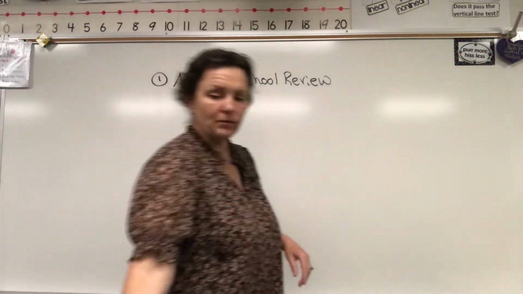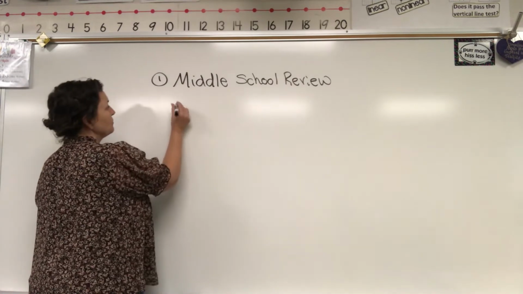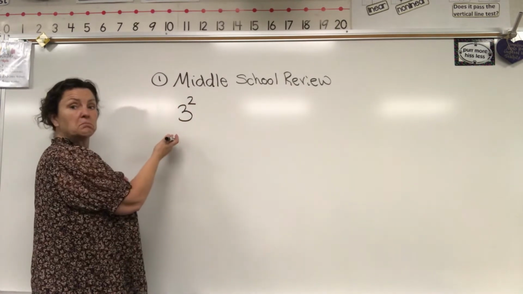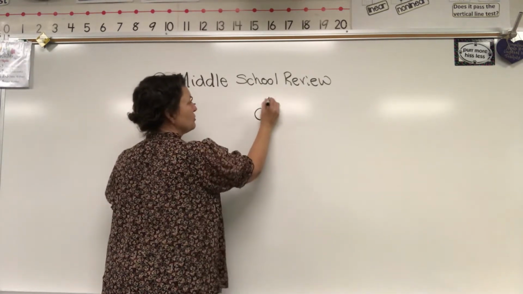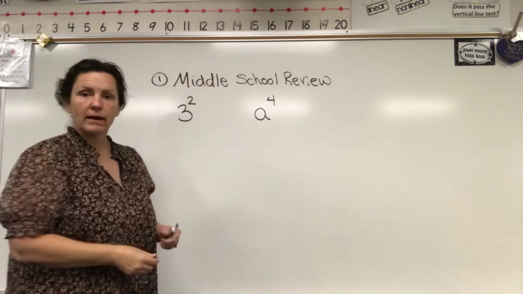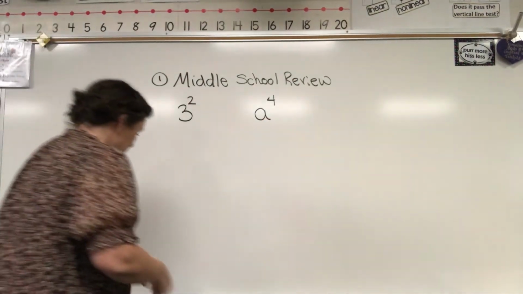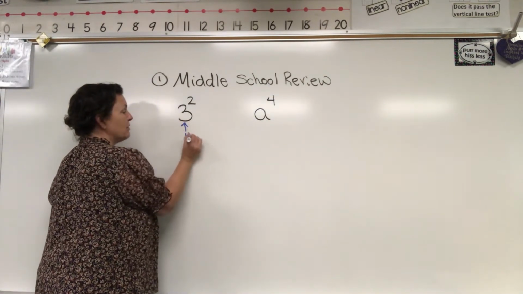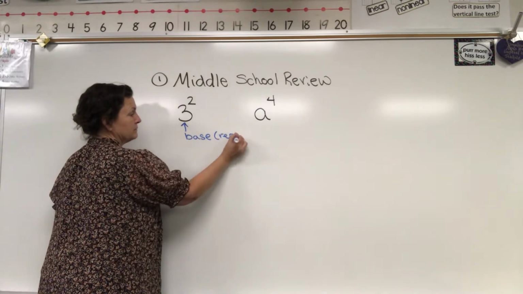So let's review some good middle school stuff. You guys have seen a term that looks like that. You've definitely seen something that looks like this, right? Well, we're going to talk about these pieces and what they actually mean, or what they're actually called. This part is called the base. It's the thing that repeats.